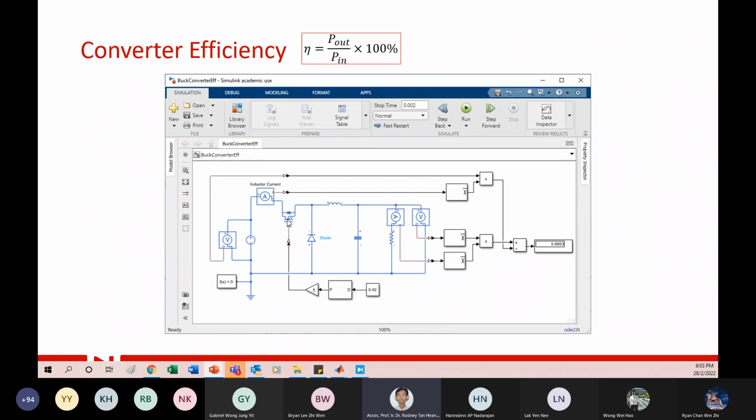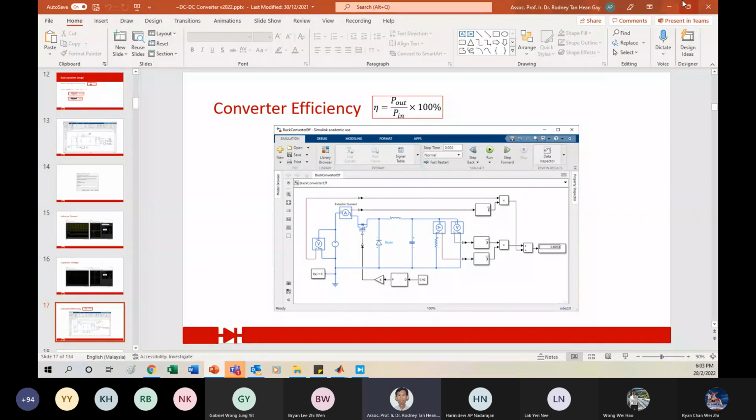So you have to choose. Sometimes with the same circuit, you choose to use a Schottky diode. You can try when you have this one, you change this to a lower switching voltage. For example, let's see, do I have this model with me or not? Let me check my MATLAB.